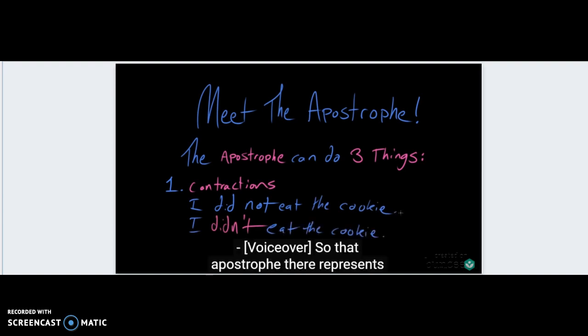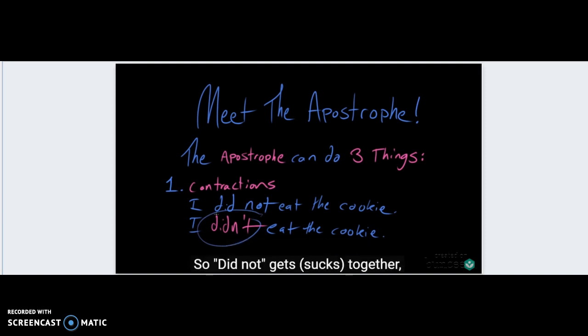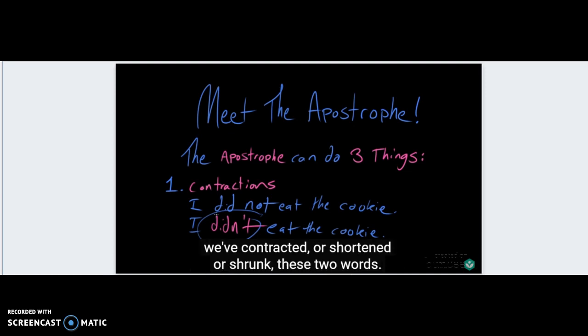So that apostrophe there represents the O being taken out and everything being squished together into this new word, didn't. So did not gets together, and then we attach this apostrophe to show that we've contracted or shortened or shrunk these 2 words.